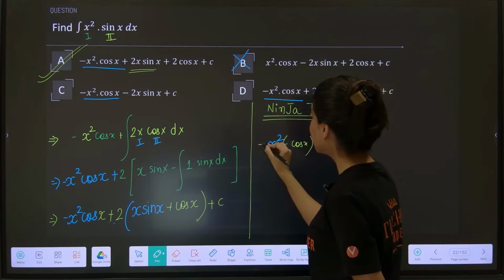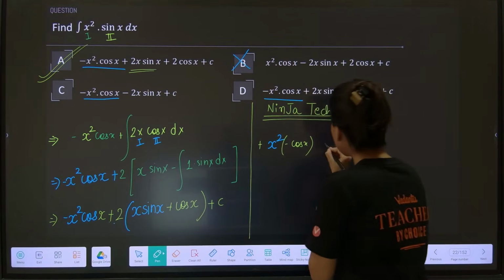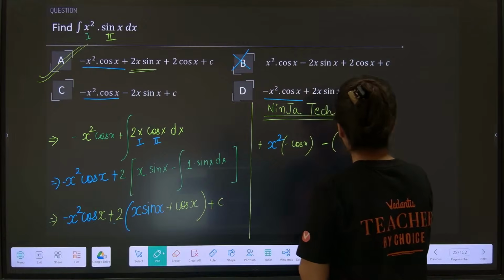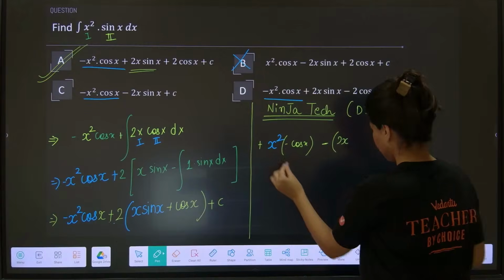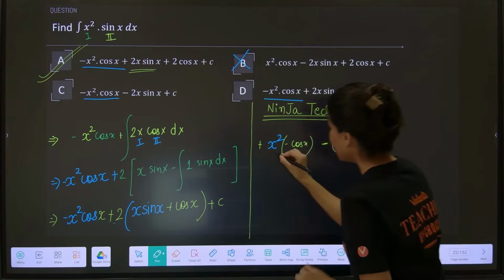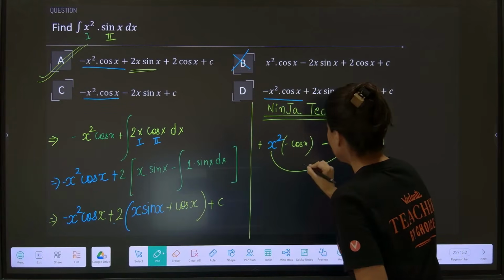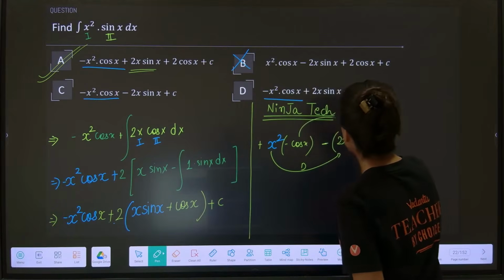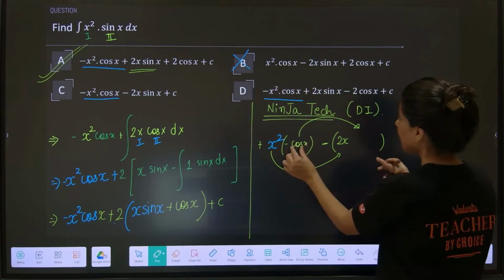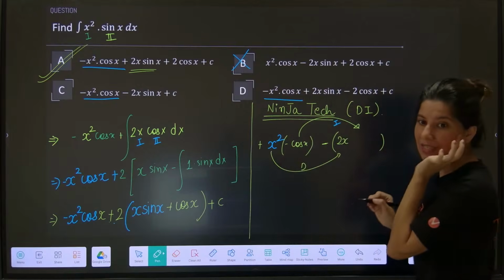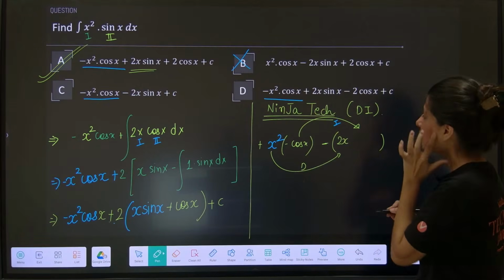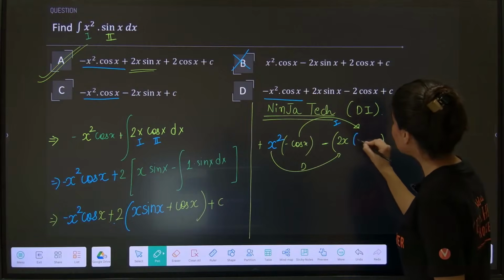Okay, the first is plus sign. Now apply the negative sign over here, and now you just differentiate x square, which is 2x. Okay, so D. And integrate minus cos x. Integration of minus cos x will be what? Integration of minus cos x will be minus sin x.